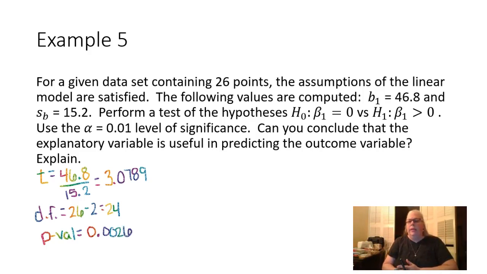Okay, now let's take a look at the picture so we can decide whether we want to reject the null hypothesis or not reject it. We are testing our alpha value right here of 0.01. All right, that means from here on out, the area in here is 0.01.